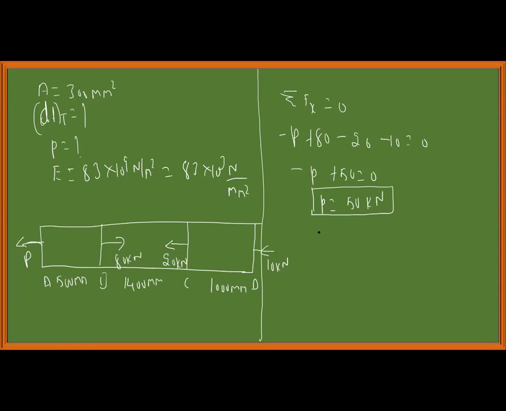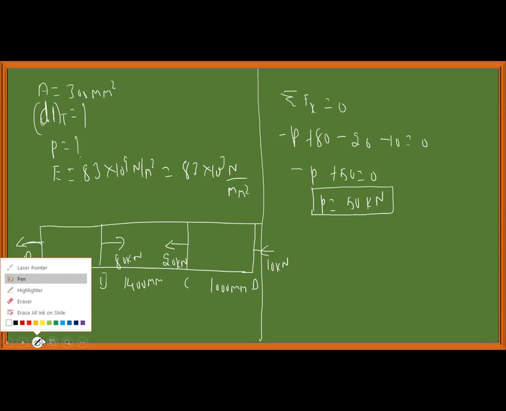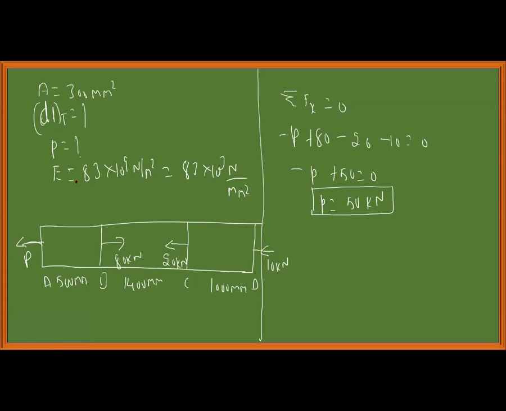Now simplify the problem. Now I will take a section XX here. I will write the free body diagram. This is P of AB.